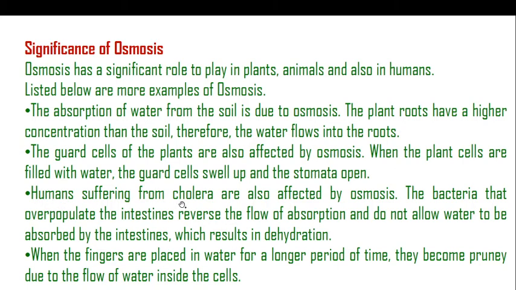Humans suffering from cholera are also affected by osmosis. The bacteria that overpopulate inside the intestine can reverse the flow of absorption and do not allow water to be absorbed by the intestine wall, which results in dehydration.